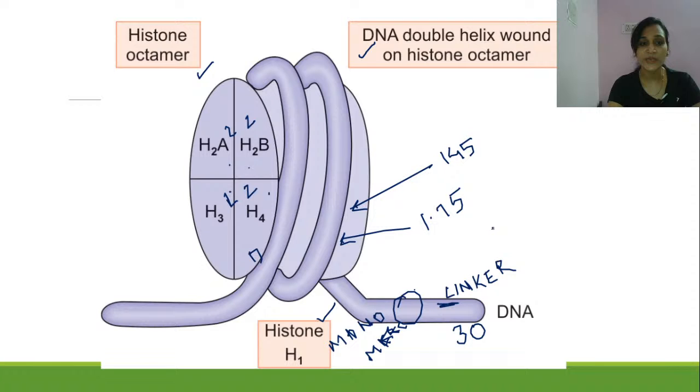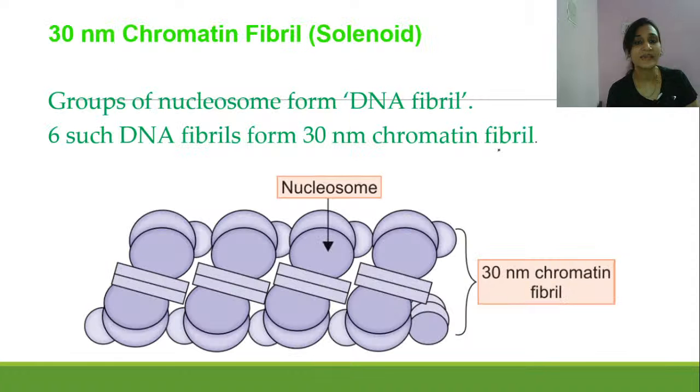So, we have seen 10 nanometer chromatin fibril. Now, we will be seeing 30 nanometer chromatin fibril. So, what is a 30 nanometer chromatin fibril? It's a solenoid. The 10 nanometer fibrils are joined in a compact form. When 6 nucleosomes form a compact form, they are called 30 nanometer chromatin fibril.